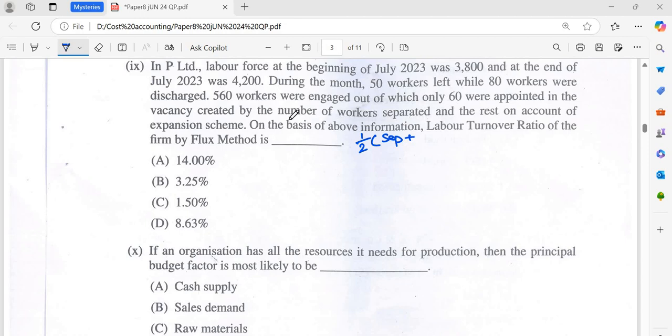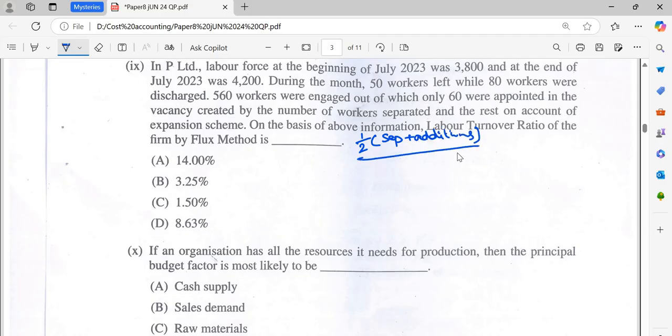In this case we have additions also. So half of separations plus additions, divided by average number of employees. Average I will calculate as opening plus closing divided by 2.